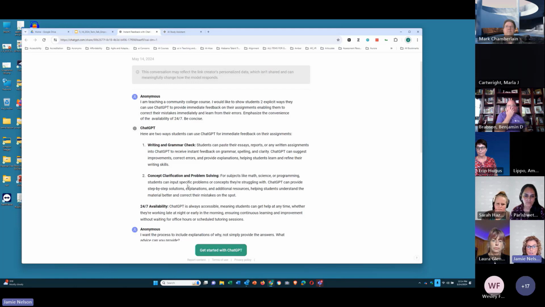Concept clarification. For subjects like math, science, programming, they can input specific problems they're struggling with. What they would need to do is say, okay, I need you to help me with this problem, but I don't want you to provide the answer. I want you to give me advice and walk me through the steps in solving this problem.